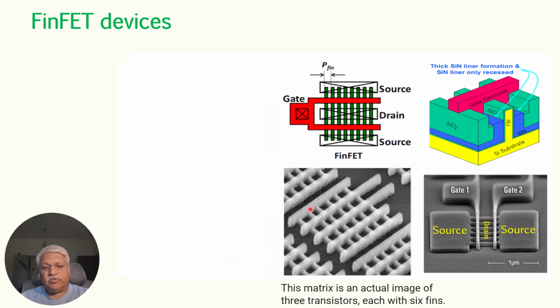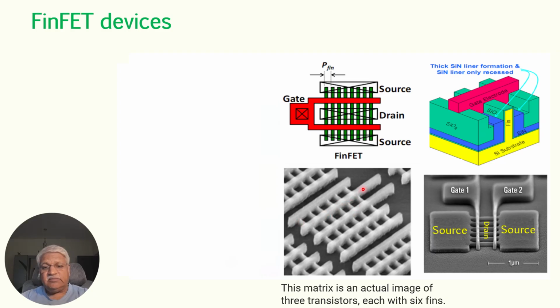If you consider here, a tri-gate is shown, so that means this is one gate, another gate, another gate. This is the source region, this is the source region. If you see, these are the fins.